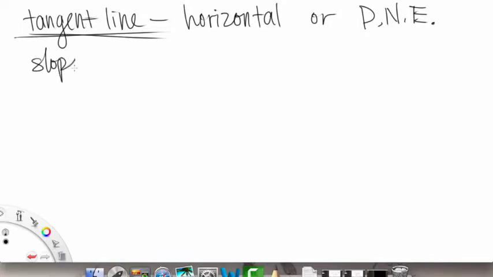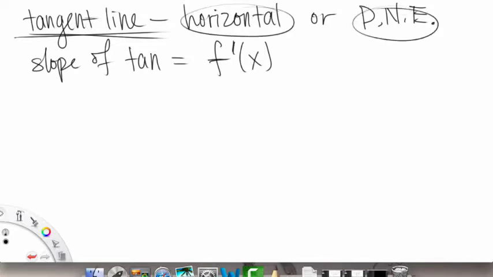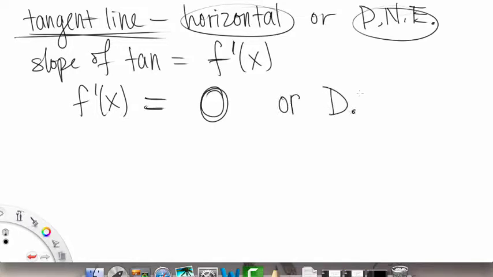The slope of the tangent line is given by f prime of x, the first derivative of our original function. So if we have that being horizontal or does not exist, then f prime of x must equal 0, if our line is to be horizontal, or it does not exist as well.